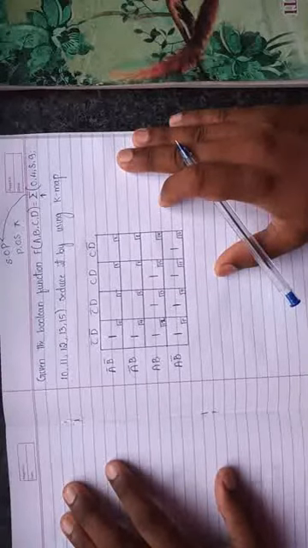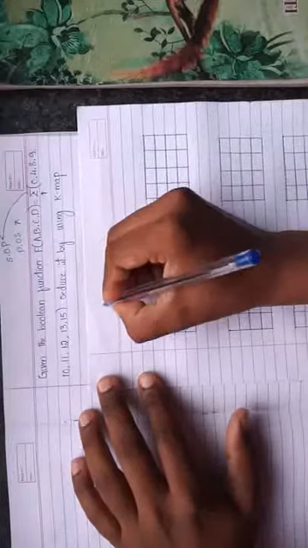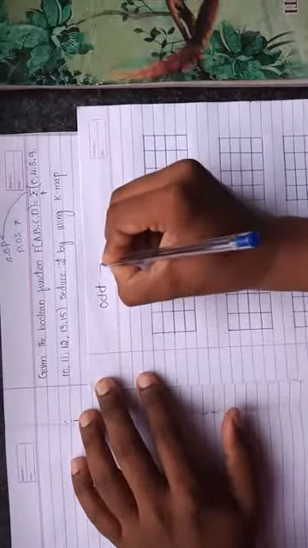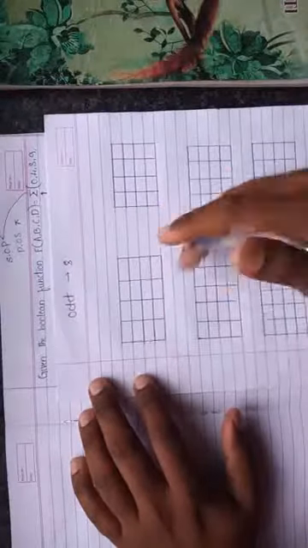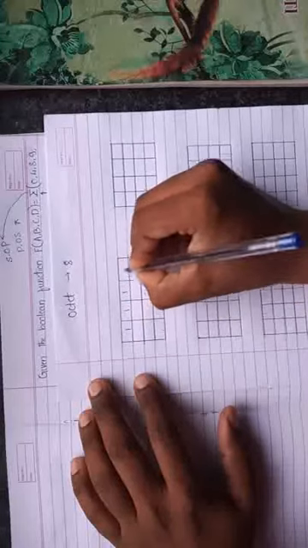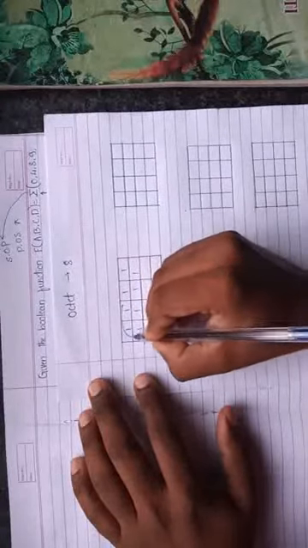For grouping, first you have to find the octet. Octet is nothing but 8. If there are continuous numbers, like 1 2 3 4 5 6 7 8, then you can make them an octet like this.